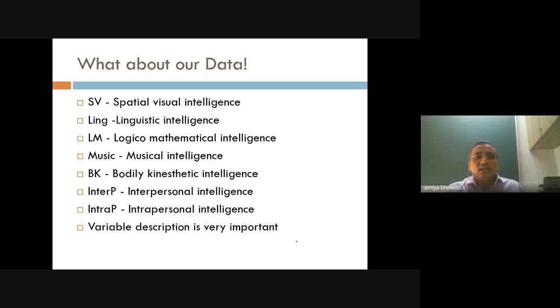So they have taken measurements of spatial visual intelligence, then linguistic intelligence, then logico-mathematical intelligence, then musical intelligence, then BK stands for bodily kinesthetic intelligence, then interpersonal intelligence, intrapersonal intelligence, and the variable description is very important.